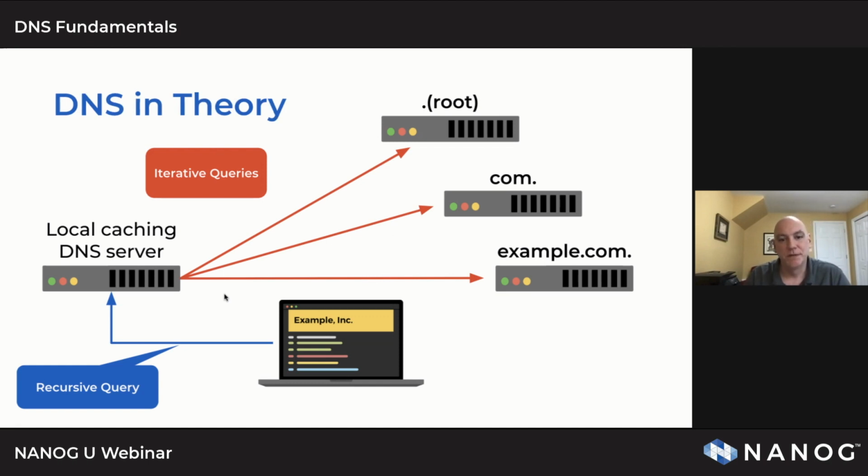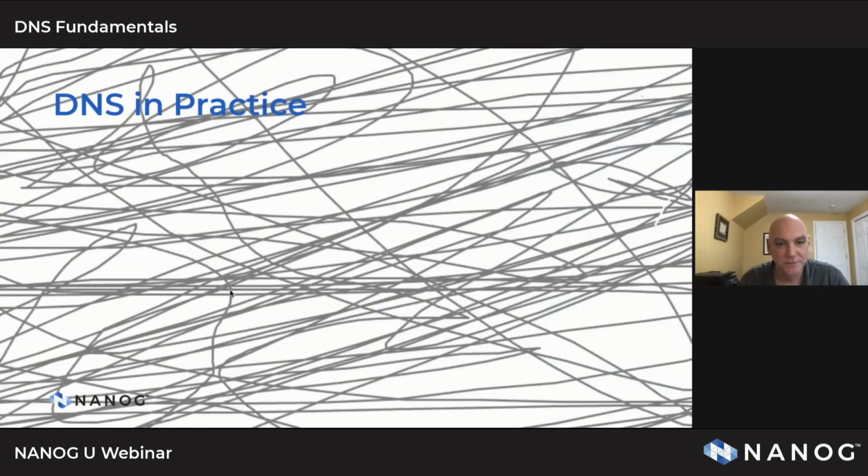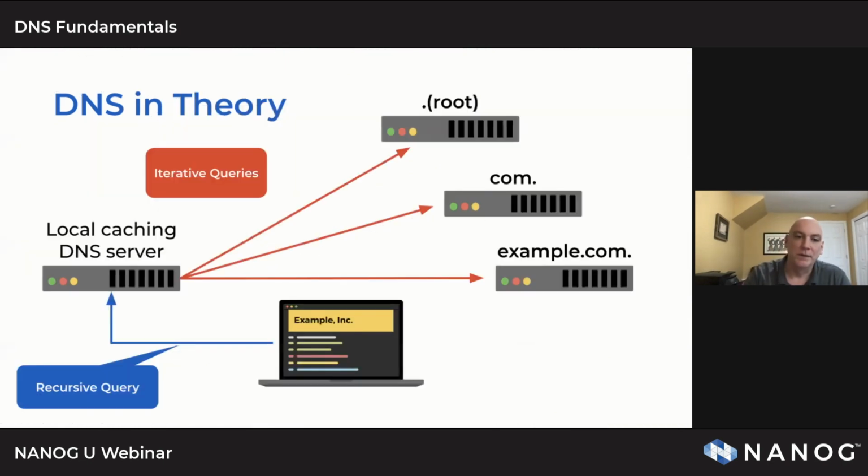Yeah, so this was all DNS in theory, right? So that's how the DNS was designed, and that's great. This is DNS in practice today. You can't draw it on a slide as what is actually happening in the DNS, right? So if I go back one slide, again, this is very simplified because I've already told you there are 13 root servers, right?